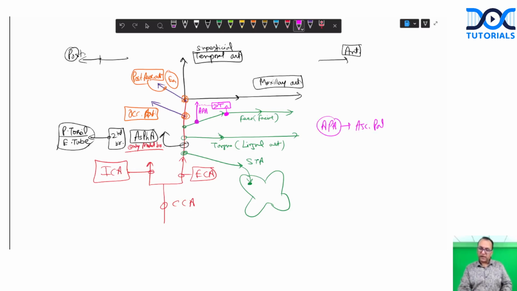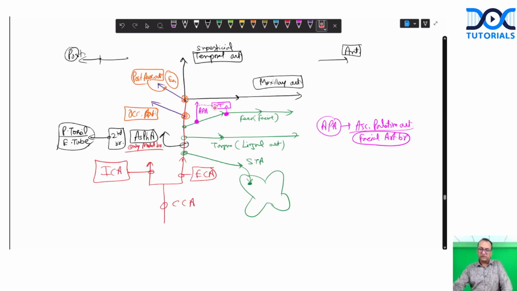And who is giving this ascending palatine artery? Ascending palatine artery is a branch of the facial artery. So facial artery is supplying the tonsil by two methods: direct branches and indirect branches.